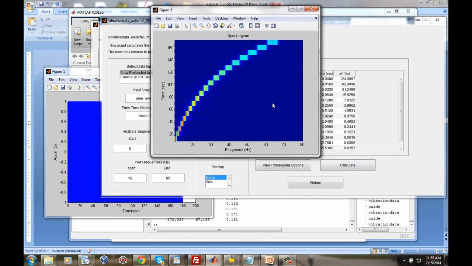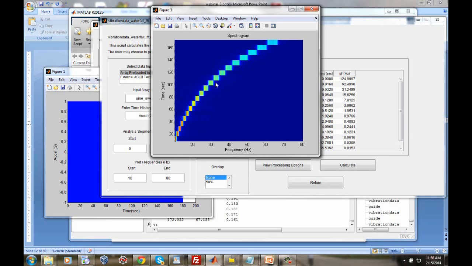And the first graph that comes up is called a spectrogram. And a spectrogram is the favored function for people that study human speech and also people that study bioacoustics like bird calls. So in this case, we've got time in seconds and frequency in hertz. And we can see this line here. If we drew just a smooth line through the bright colors here, it would be a curved line.